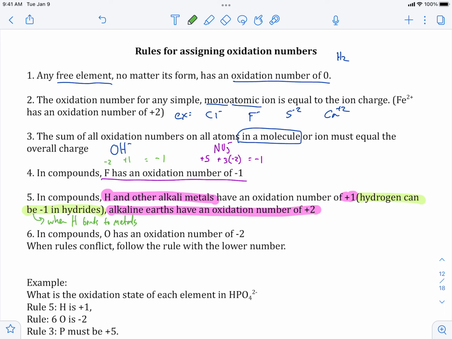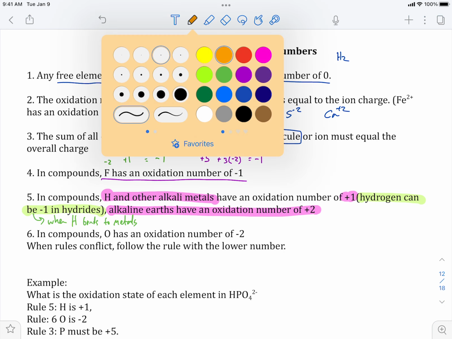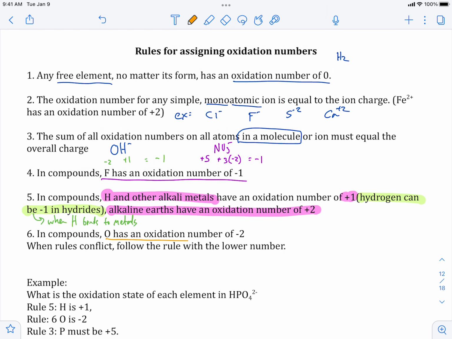So hydrogen we typically think of as +1, but when hydrogen bonds to a metal, the metal will pretty much always be positive. You cannot have a negative metal ion, so that means hydrogen takes the electron towards itself, and it's the negative one. Okay, and then the last rule, oxygen will have an oxidation number of -2 when it's in compounds.